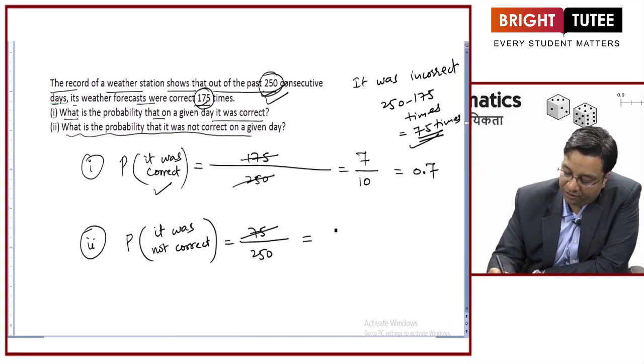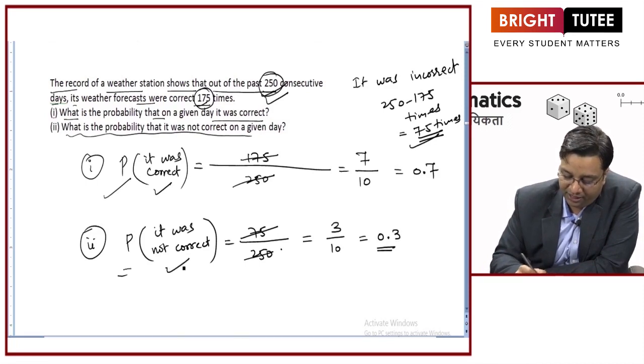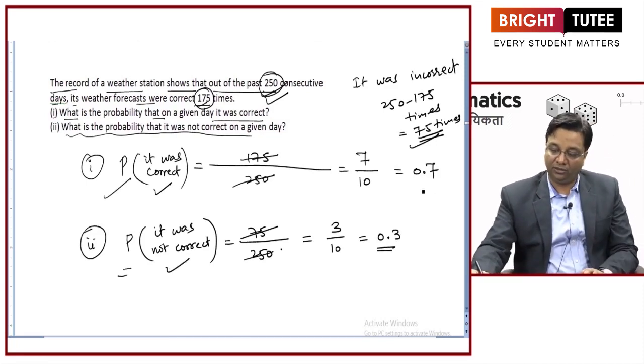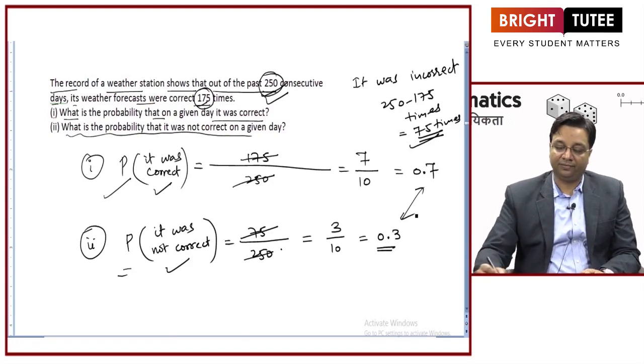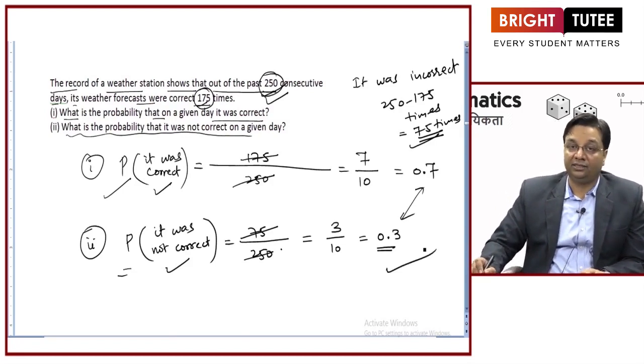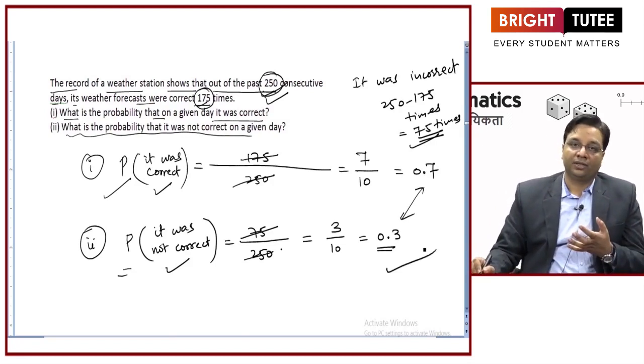So 25 into 3 is 75, 25 into 10 is 250, so it will be equal to 0.3. So either it can be correct or it can be incorrect, right? So their sum will be 1, right? This is the observation that you need to keep in mind, right?